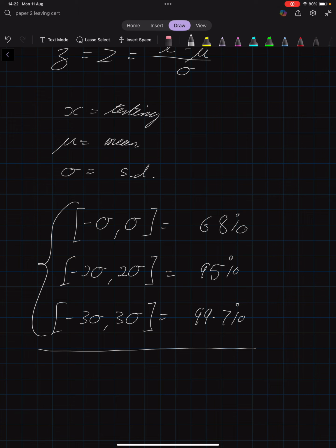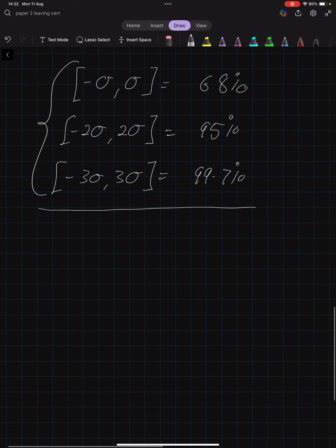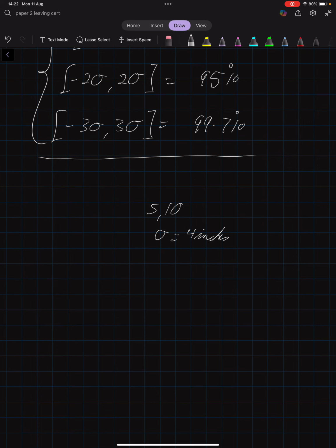If you say that the average height for a man is, say, 5'10", then if you went across all of Ireland and measured everybody's height, and you say sigma is equal to 4 inches, then if I take 3 sigma off it, I'm left with 4'10", and if I add 3 sigma, I'm left with 6'10".